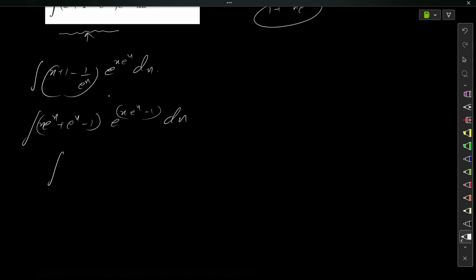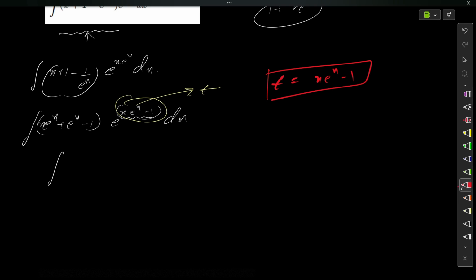Now I can clearly see the derivative. If I substitute this whole part as t, then t is equivalent to x e to the power of x minus 1, right?